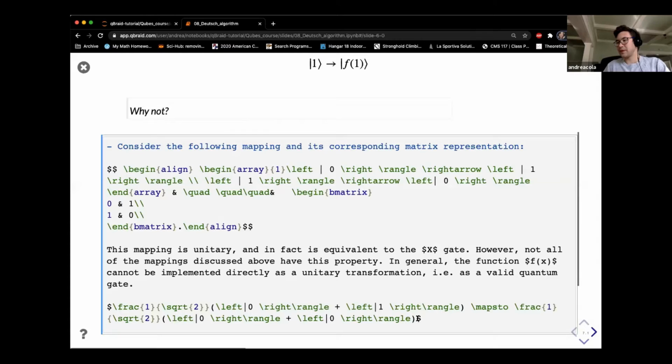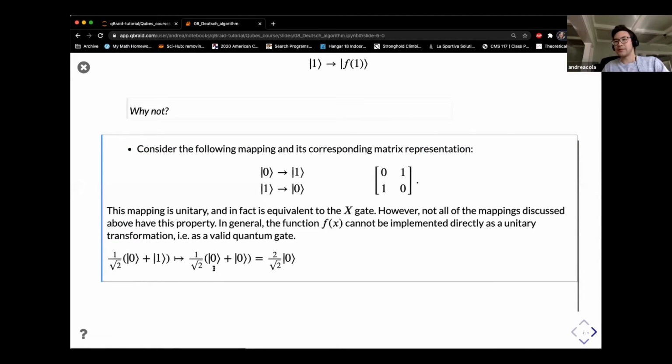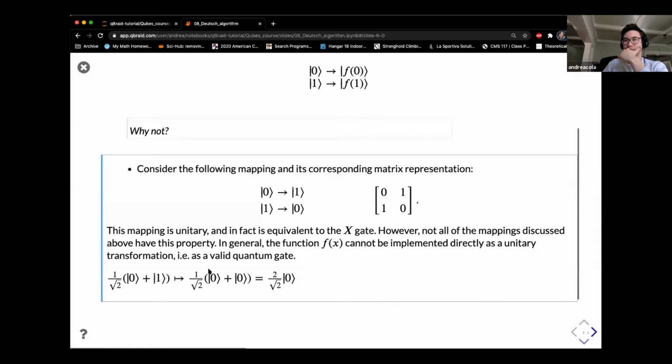Yeah, exactly. So if it were balanced, it would be a unitary.